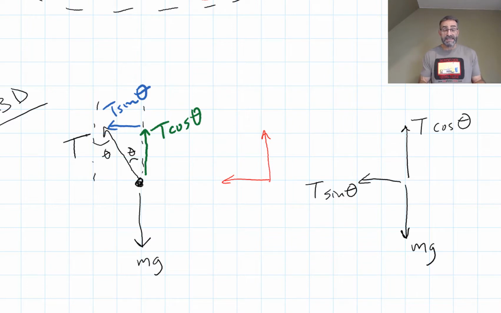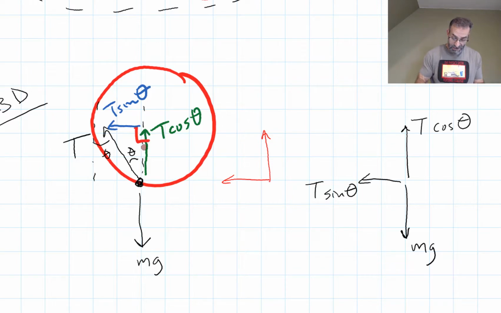The hypotenuse is T, the tension in the rope. When you break up vectors into components, the components should always form a 90-degree angle. That means that the vector you're breaking up is always the hypotenuse. That might help you as you break up forces into their components.